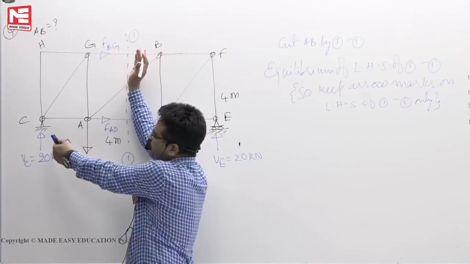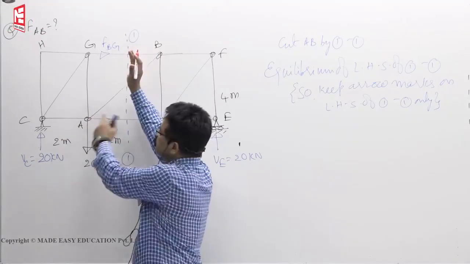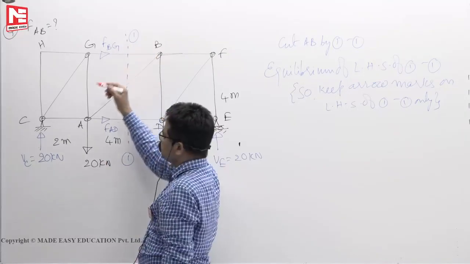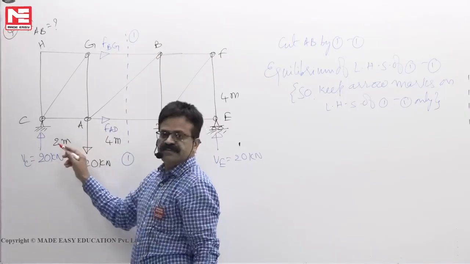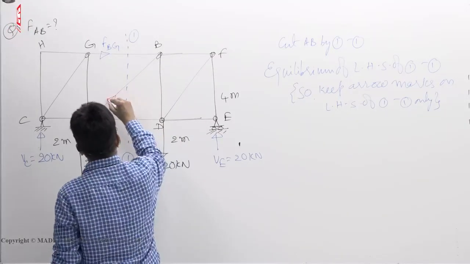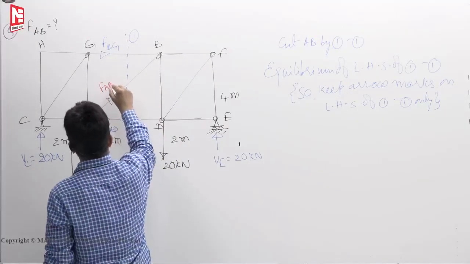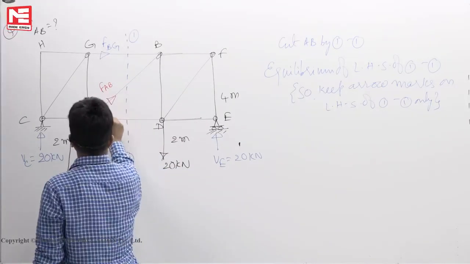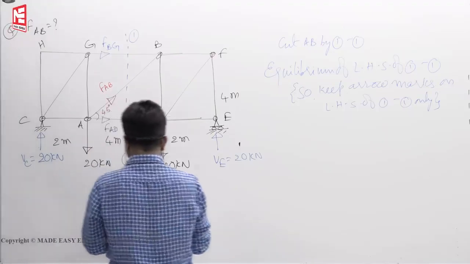What's the net force? 20 up, 20 down. So net force is 0. That means the force in AB also has to be 0. How you put direction for FAB also doesn't matter. It has to be 0 only because of this reason, 45 degrees.